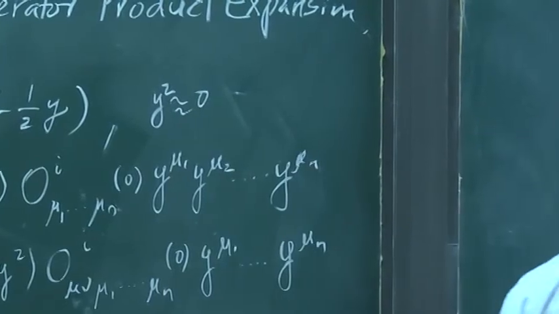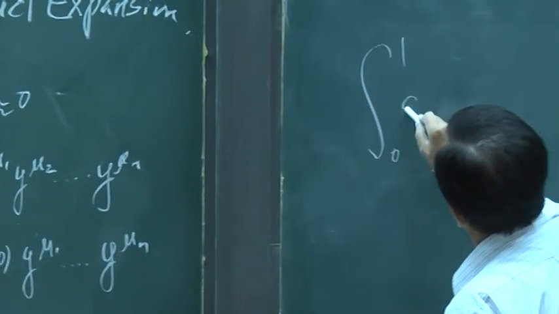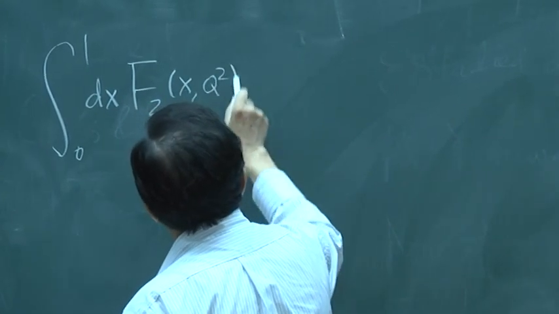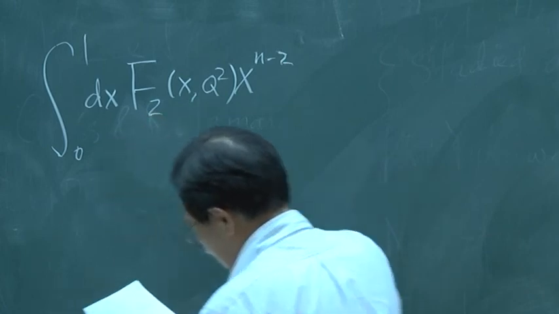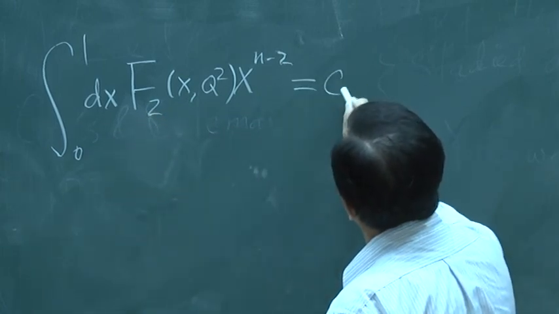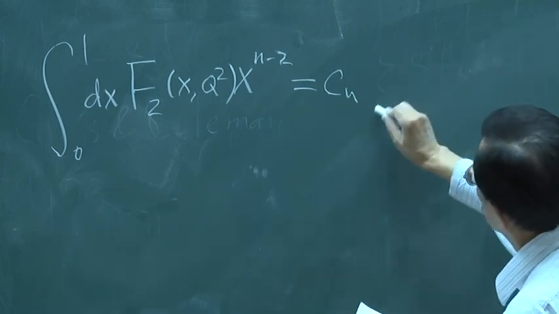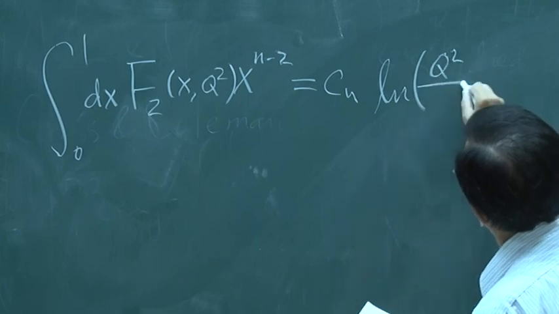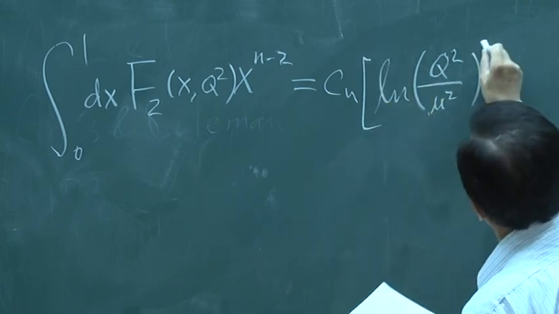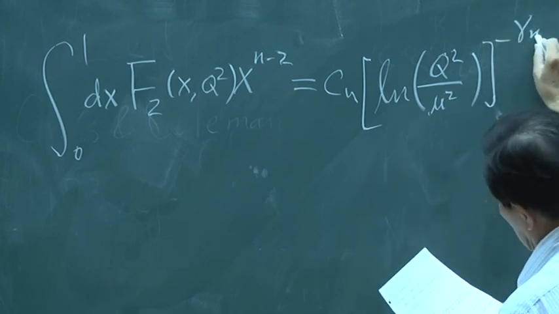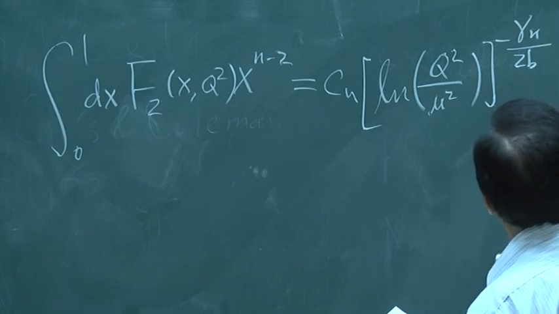When you have this negative beta function near the origin, then what happened to the Bjorken scaling? Well, F2 as a function of q squared does not become actually constant, but is like log of q squared over mu squared to some minus power, and then some coefficient, okay?